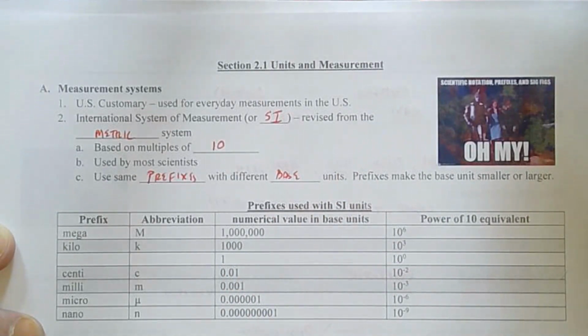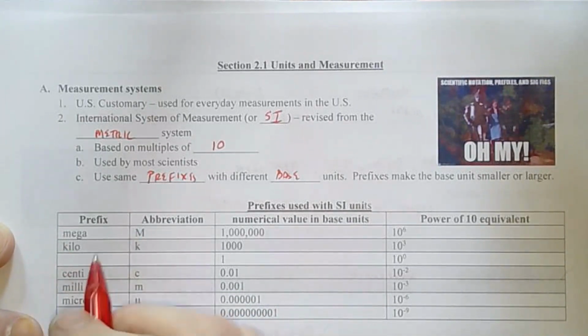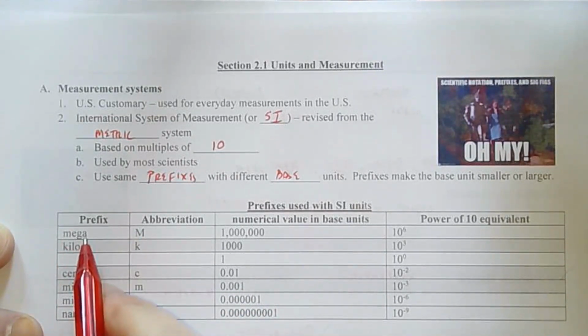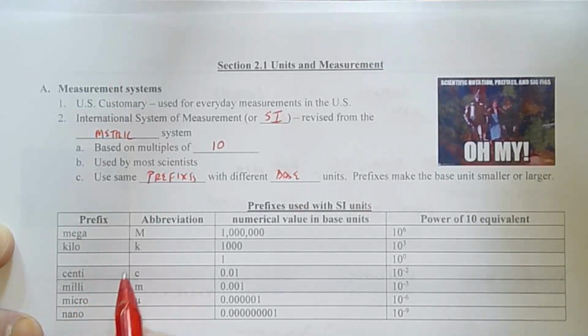And here's a table with various prefixes ranging from mega, kilo, centi, milli, micro, and nano. This is not all of the prefixes, just a sampling of them. And here's some of their symbols and the numerical value and the equivalent power of 10.